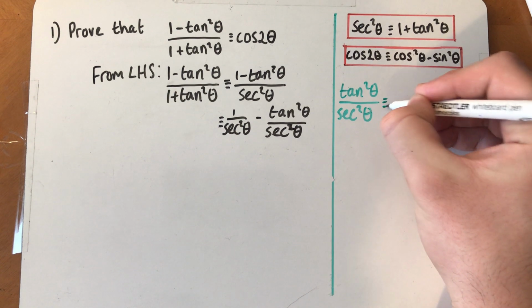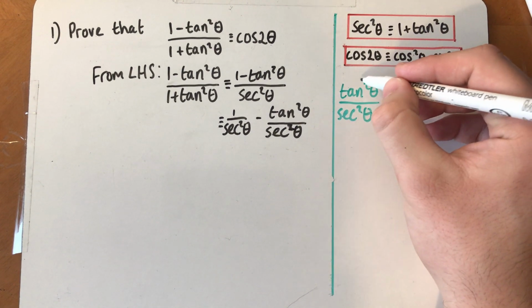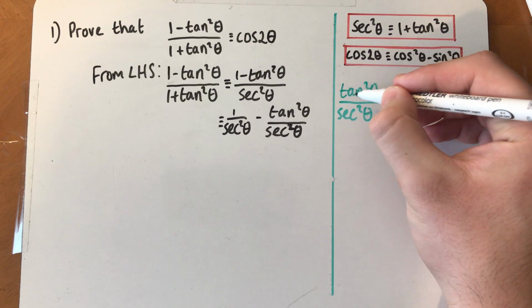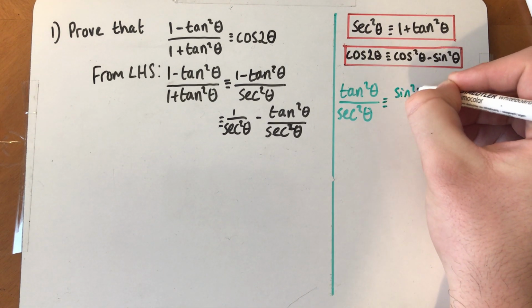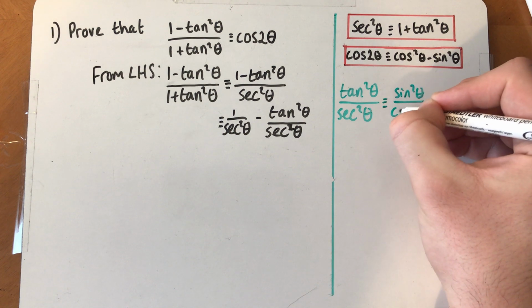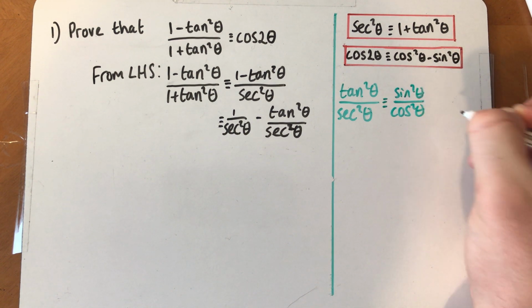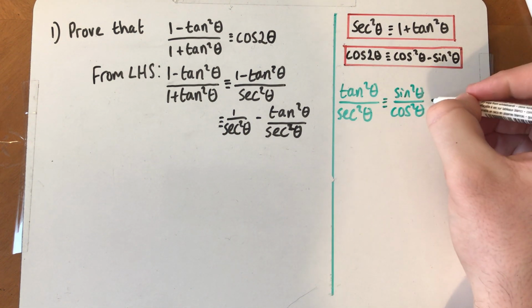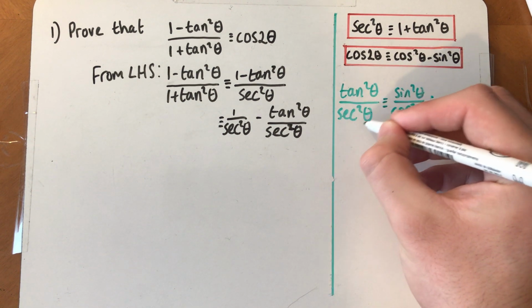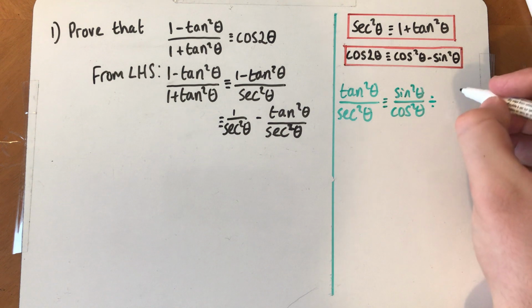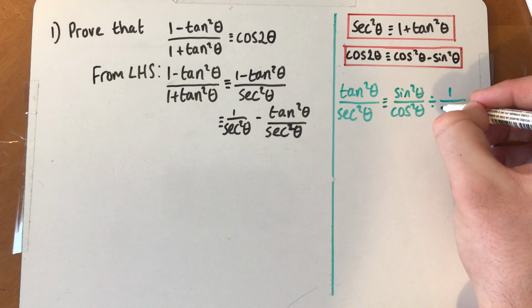Tan squared theta is sine squared theta over cos squared theta, and this is being divided by sec squared theta. Now sec squared theta, you should know, is 1 over cos squared theta.